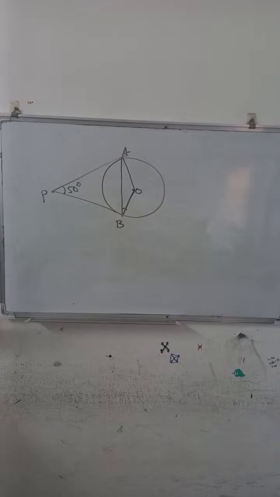In the figure PA and PB are tangents drawn to the circle with center O such that angle APB is 50 degrees. Then angle OAB is how much? Can you calculate?